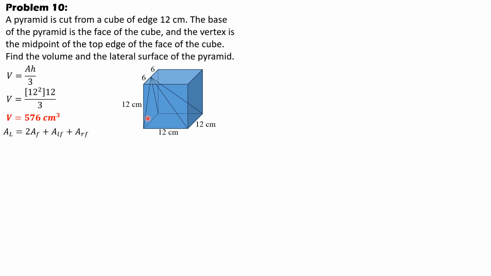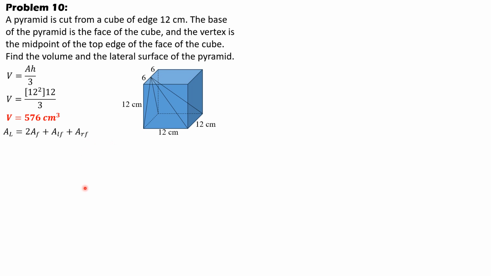For the left face, it is just 1/2 of 12. This is 12 and the height is also 12. Then for the right face, it is 1/2 of 12 times this height that is inclined. And this inclined height is simply square root of 12 squared plus 12 squared. So that's it.